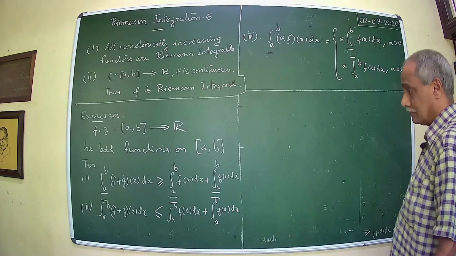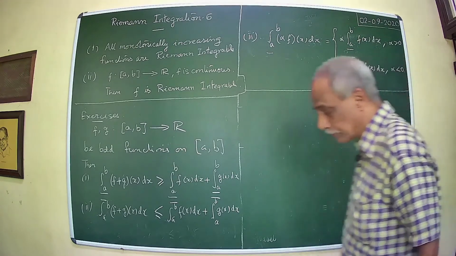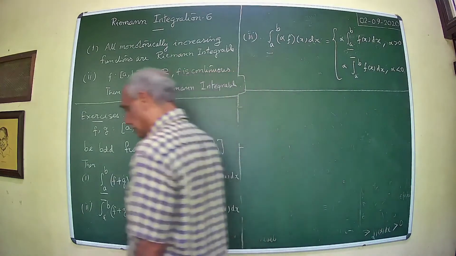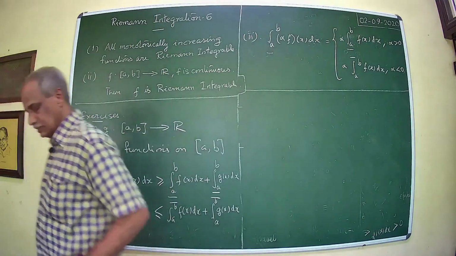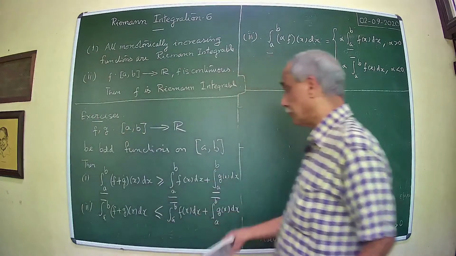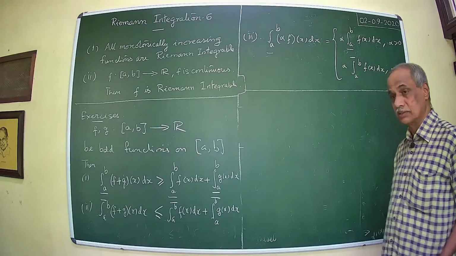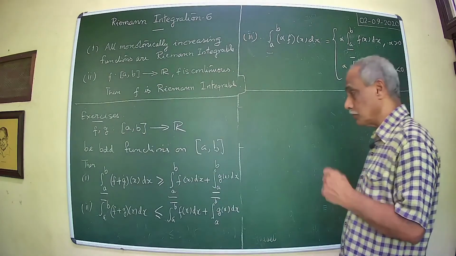Now this shows the linear space structure of the Riemann integrable functions, and this is a stepping stone to prove this. Therefore, you see how do you proceed on this?